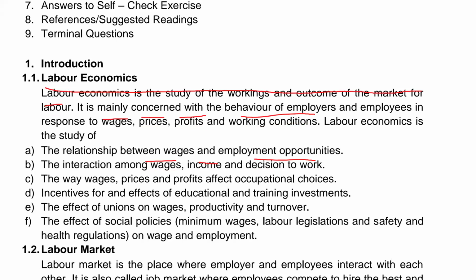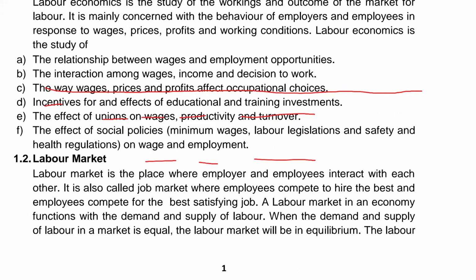Okay, we now define for ourselves what the labor market is. Basically, it is a well-arranged mechanism that brings together, for transaction, the employers and employees so that they can interact with each other.